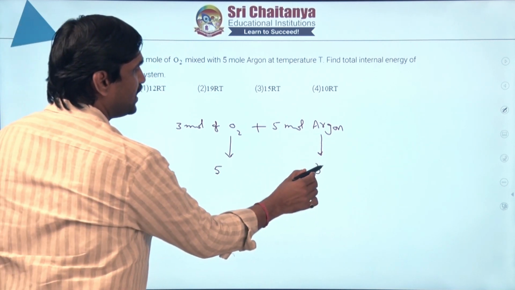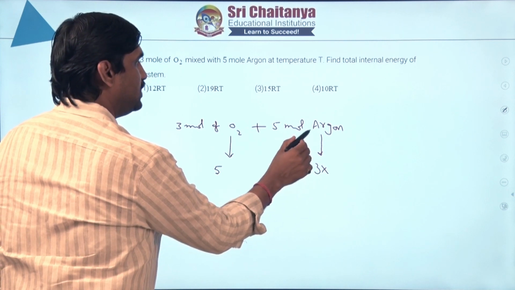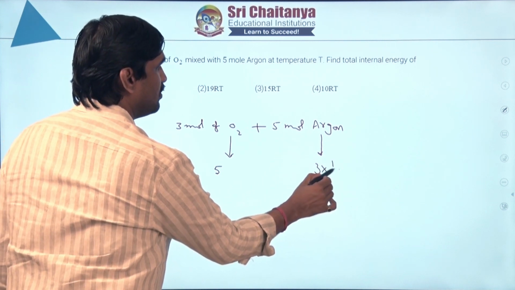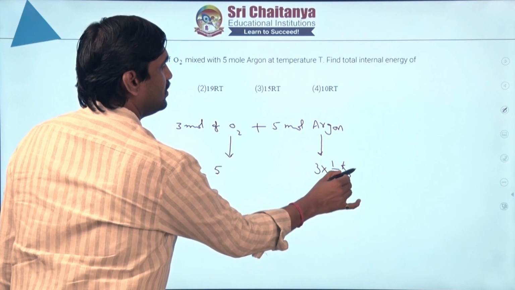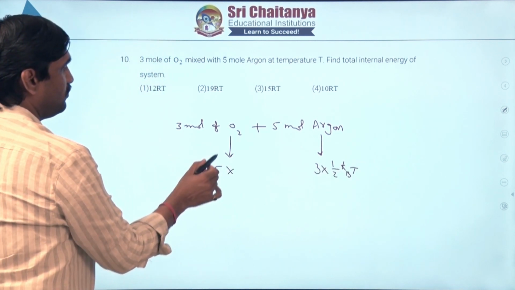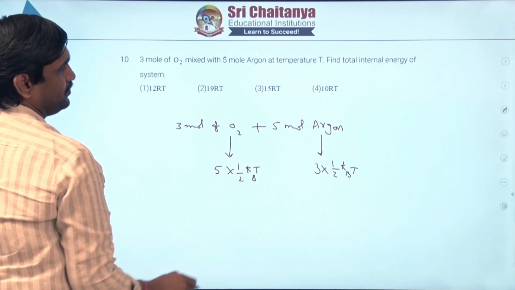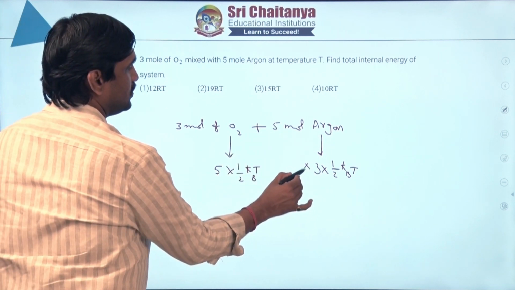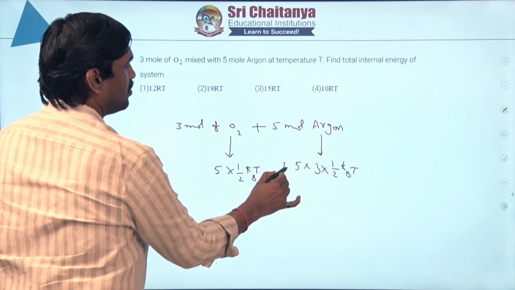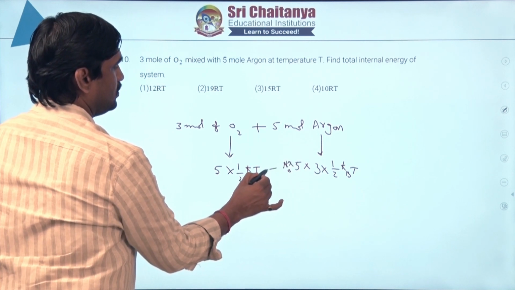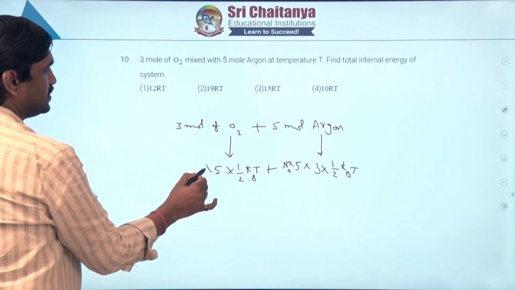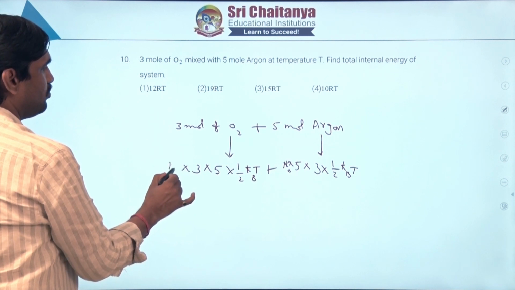Now, for each degree, the amount of energy contributed is (1/2) kBT. Here, 5 moles, 5 into Avogadro number, and here 3 moles into Avogadro number.